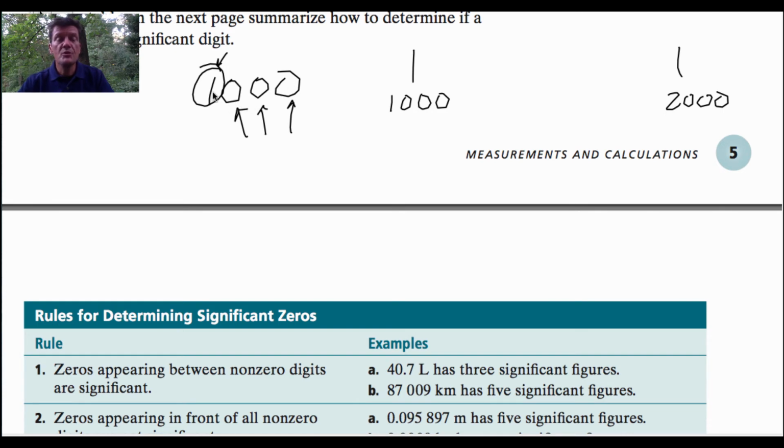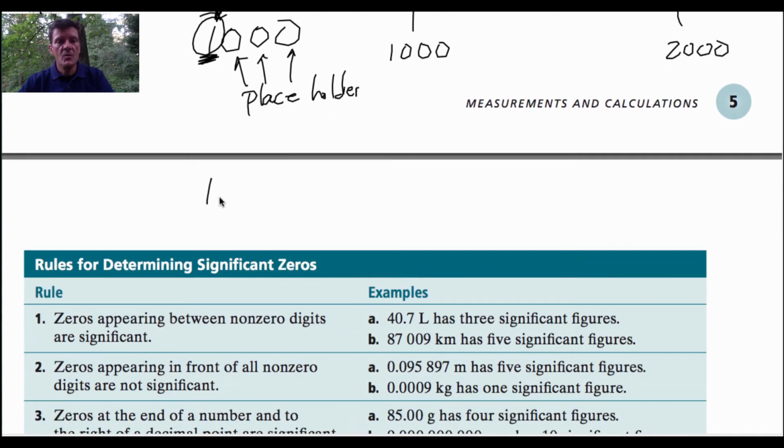Well, these zeros are not part of the measurement. They're just there to push the 1 into the correct place. These are called placeholders. They are not part of the measurement. So zeros might be there just to take space in order to push a number, like 1, into the correct location that it needs to be.